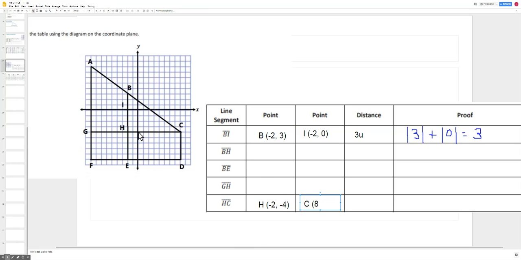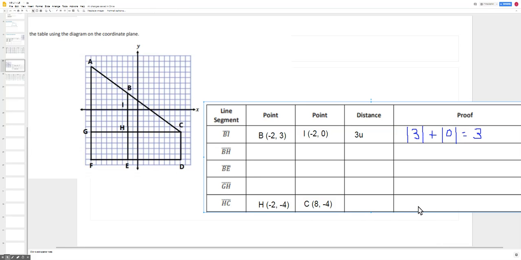You also could have counted from right here 1, 2, 3, 4, 5, 6, 7, 8. Both of these line up with each other horizontally, which means they have the same y coordinate, which is, oops, I forgot to put the comma. Oops, I erased the 8, comma, -4, and there you go.